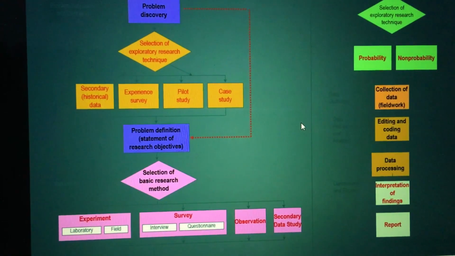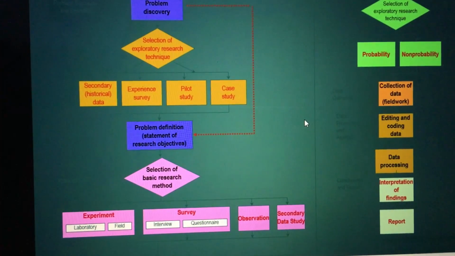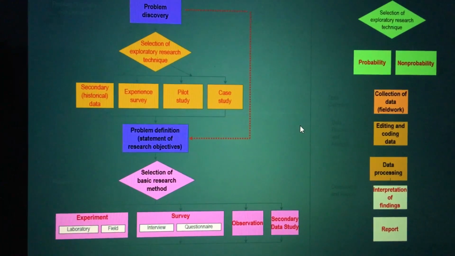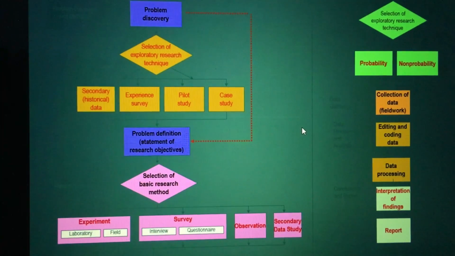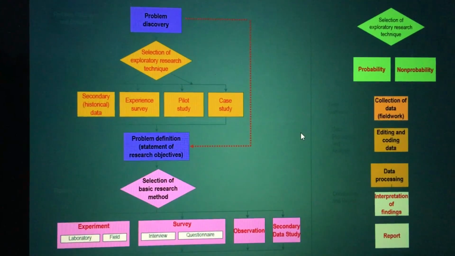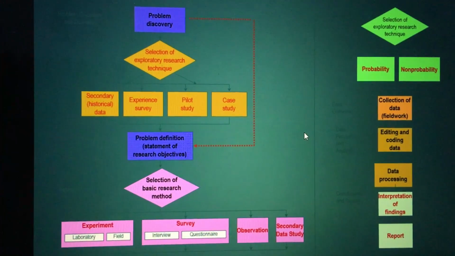So in a nutshell, we can say that research process starts with the problem definition, and once the problem definition is done, you design the research.